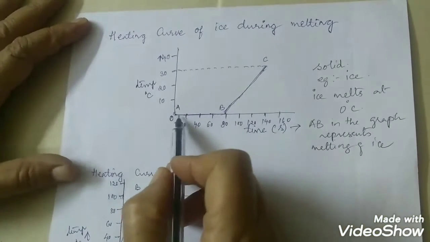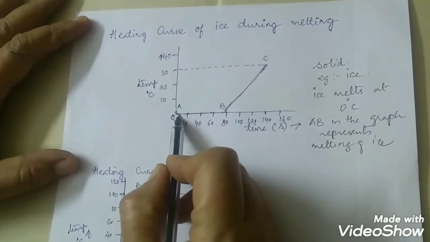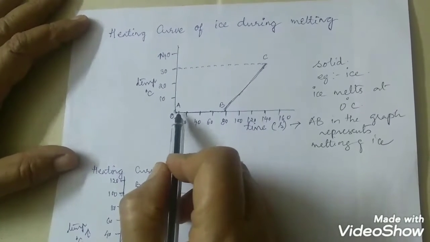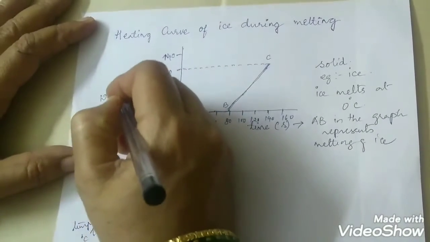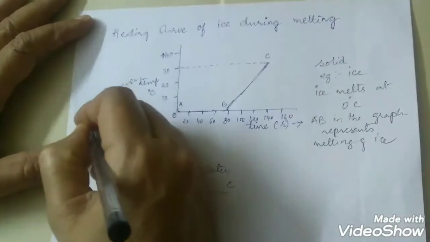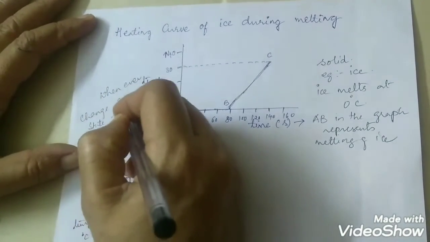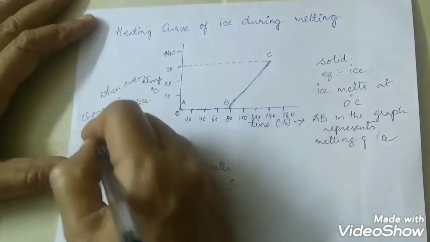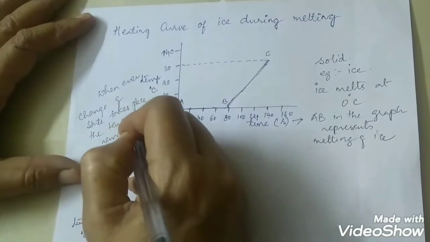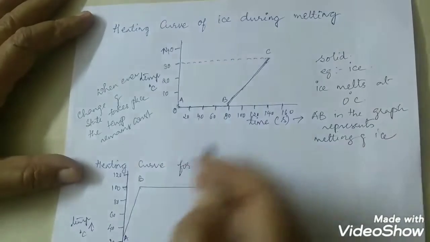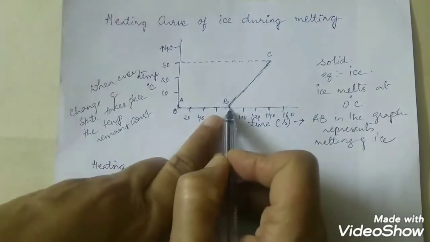As long as ice melts, the temperature remains at 0 degrees Celsius only. You have to remember that whenever change of state takes place, the temperature remains constant. So here also the temperature remains at 0 degrees Celsius only up to a certain time.